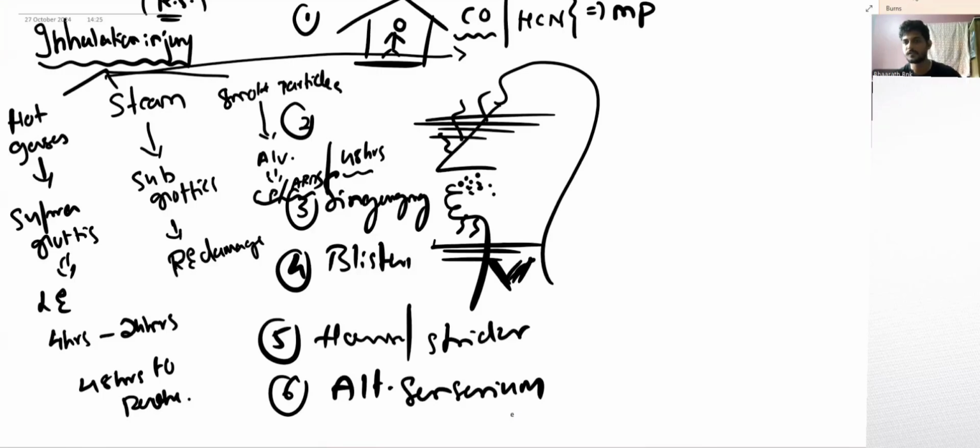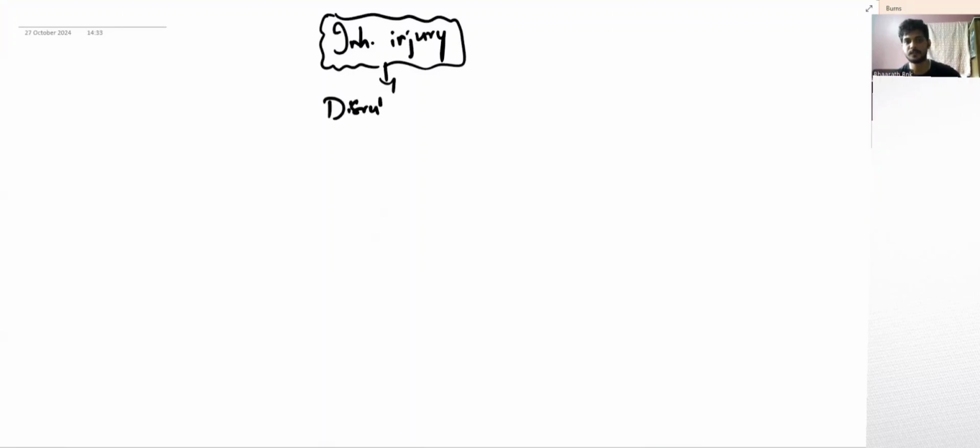So what happens is, once there is an inhalational injury, because of any of these particles, this will activate the immune system and this actually disrupts the ciliary epithelium. So the respiratory tract is lined by ciliary epithelium, so this is the basement membrane. Above it is the ciliary epithelium. Now this ciliary epithelium gets disrupted.